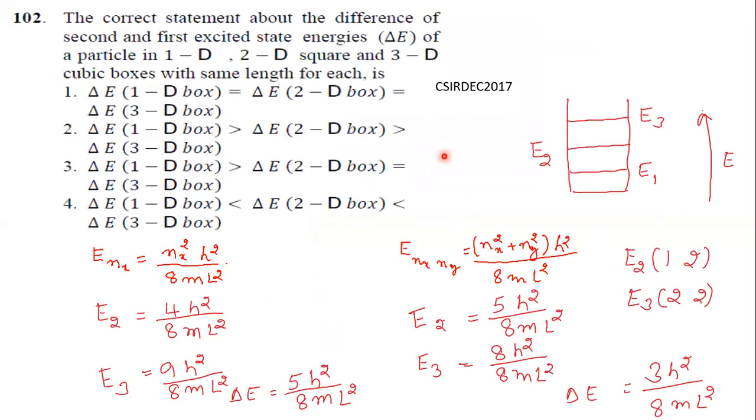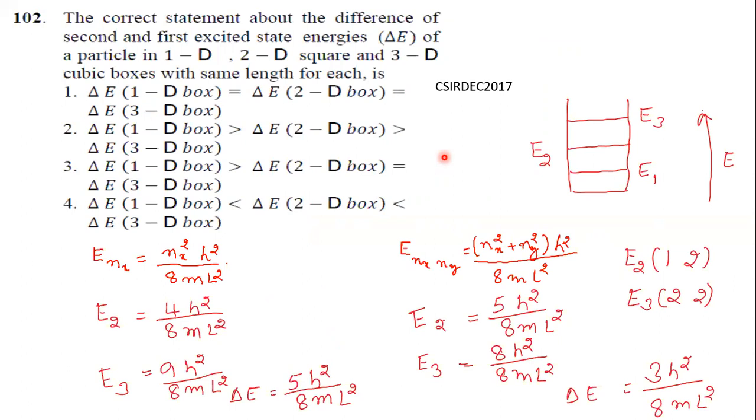And this is a problem which was asked in CSIR December 2017 exam. The correct statement about the difference of second and first excited state energies of a particle in 1D, 2D square, and 3D cubic boxes with the same length for each. We have the same length for each box.